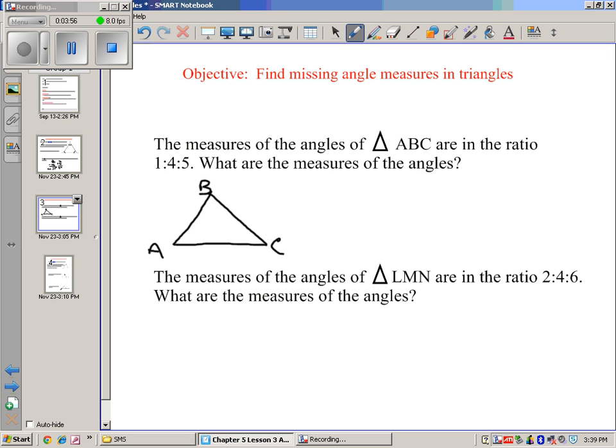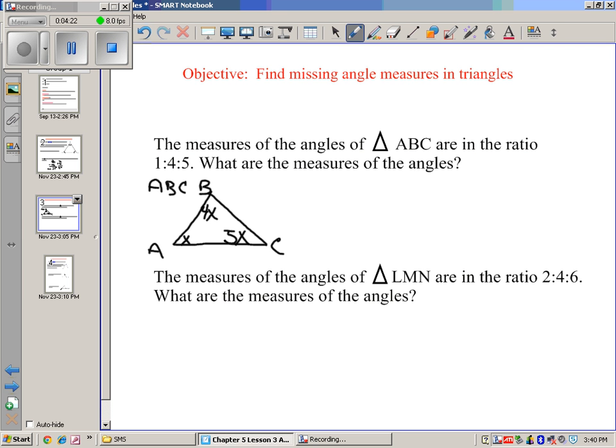So let's call the 1, A. Go A, B, and C. So A is 1, or let's just call it X because we don't know what it is. B is the ratio of 4 times the 1, or 4X. And C would be 5 times, or 5X.